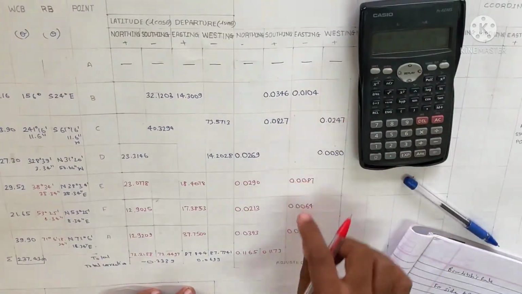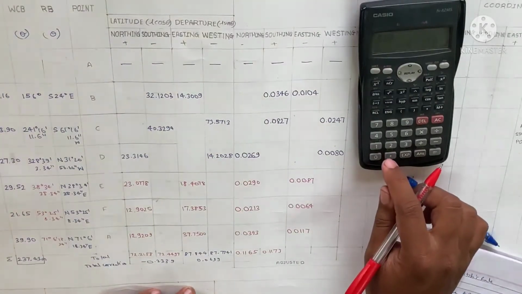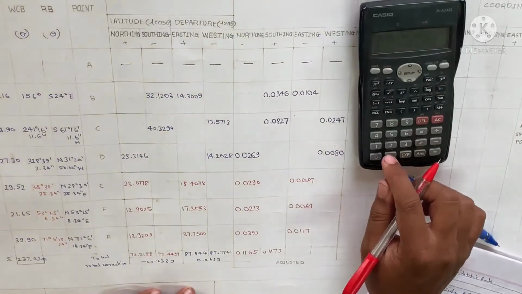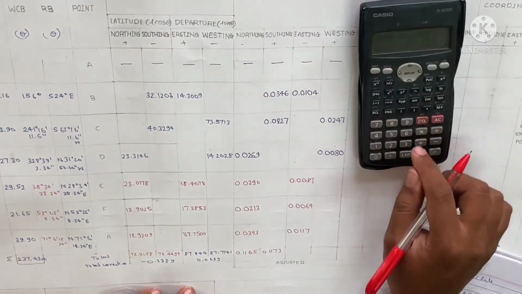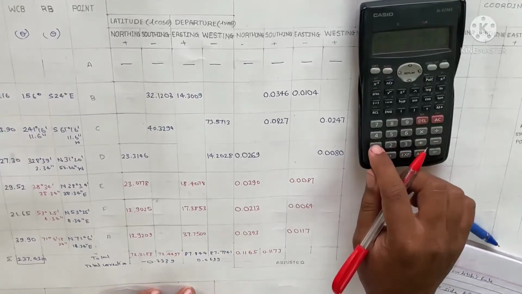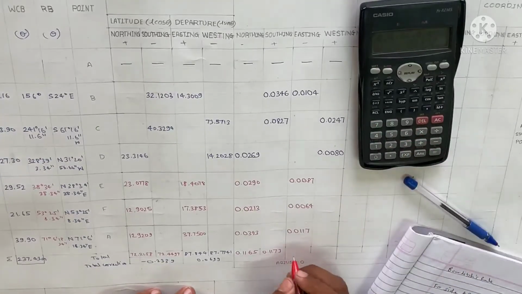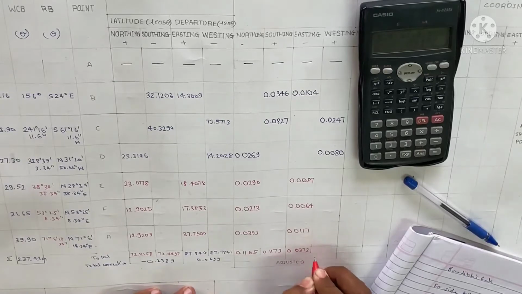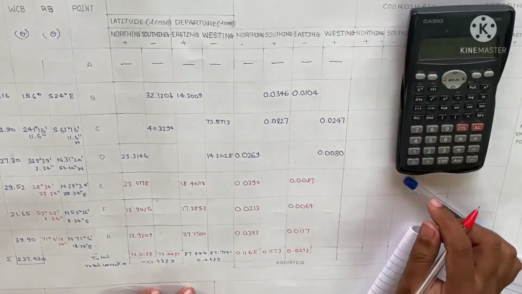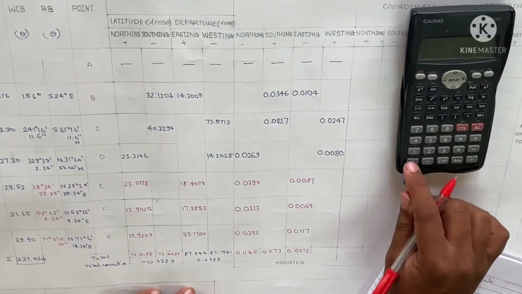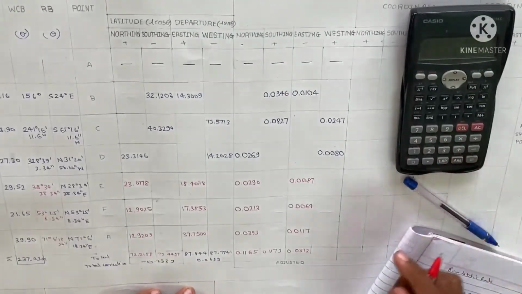Again summation of easting, 0.0104 plus 0.0087 plus 0.0064 plus 0.0117, so it is coming out to be 0.0372, and last that is summation of westing, 0.0247 plus 0.0080.